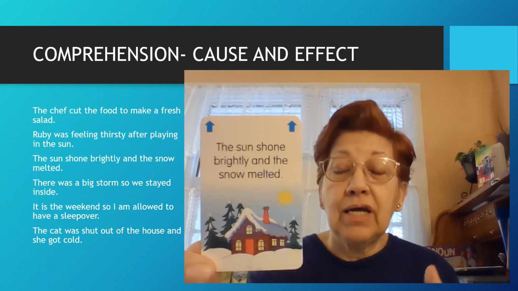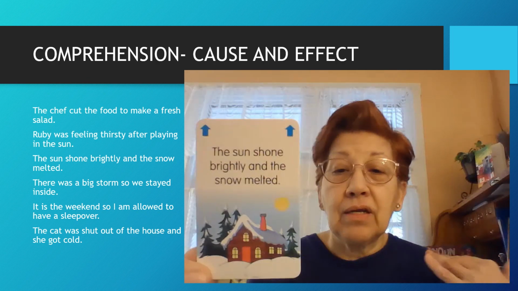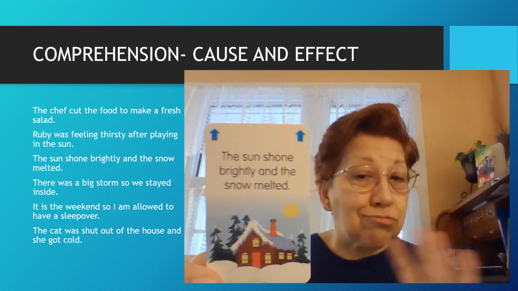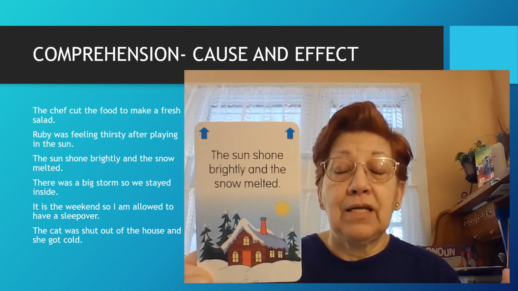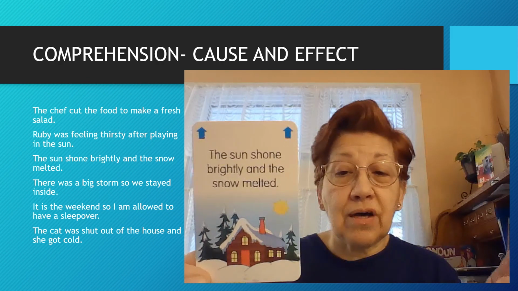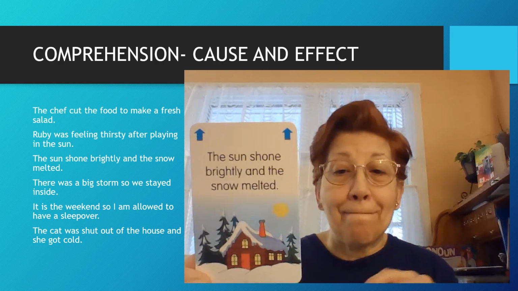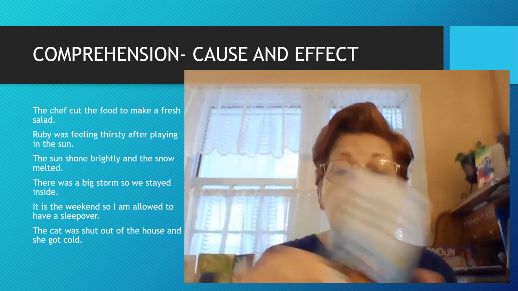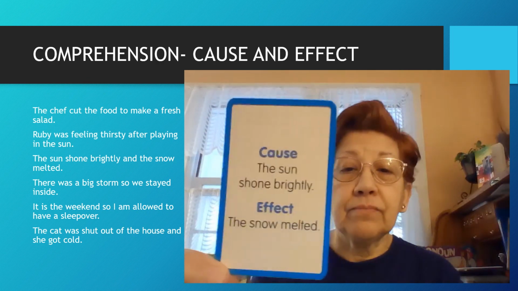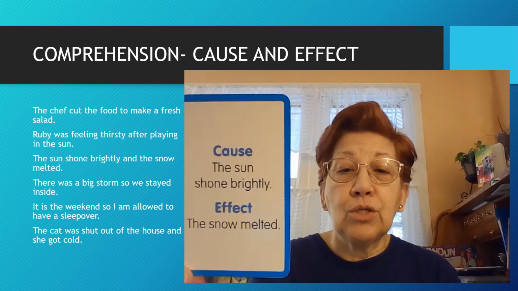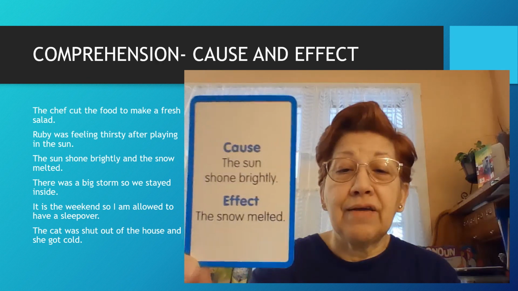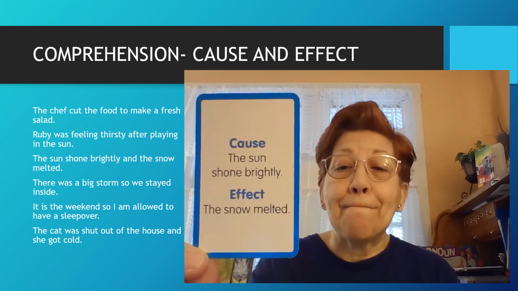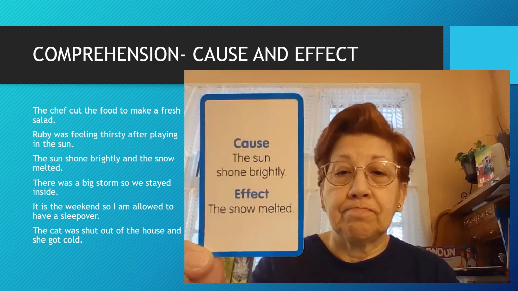That's the outcome, right? So the sun was shining out there bright, right? And now that's the cause of making the snow melt, and that's the effect, which is the outcome. The sun shone brightly is the cause, and the effect was the snow melted. Got it?